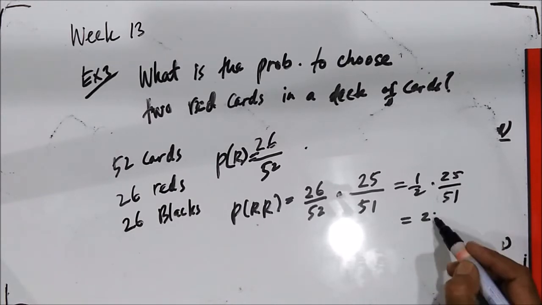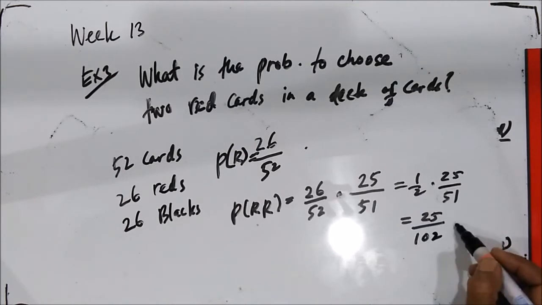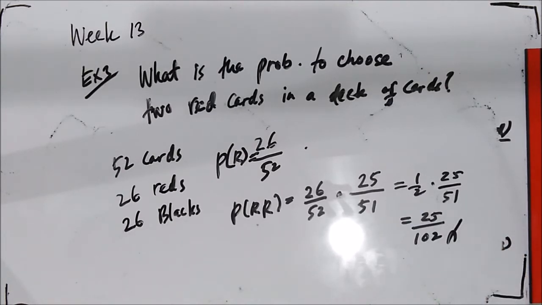So the answer is 25 over 102. This is the answer for getting two red cards in the deck of cards.